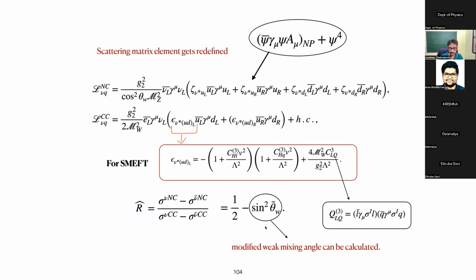This is my modified weak mixing angle, and all the corrections at the level of c by lambda square are dumped in this theta w bar. Okay, so that's how you can recalculate the modified weak mixing angle.